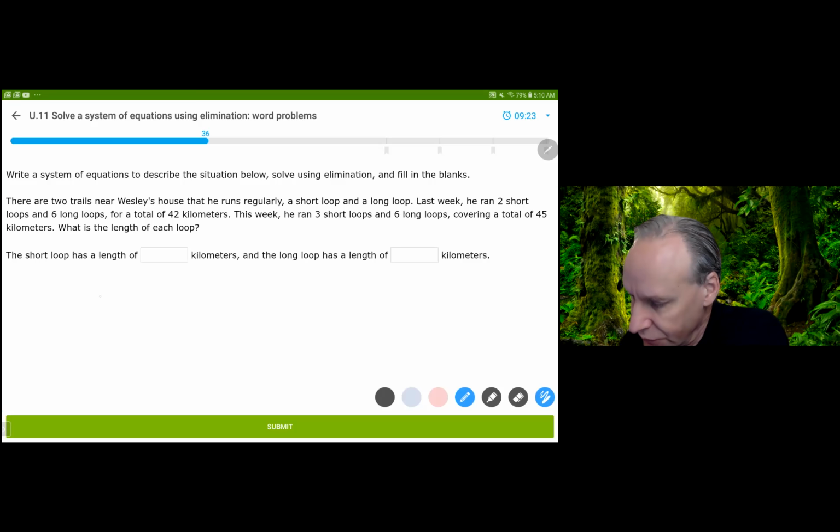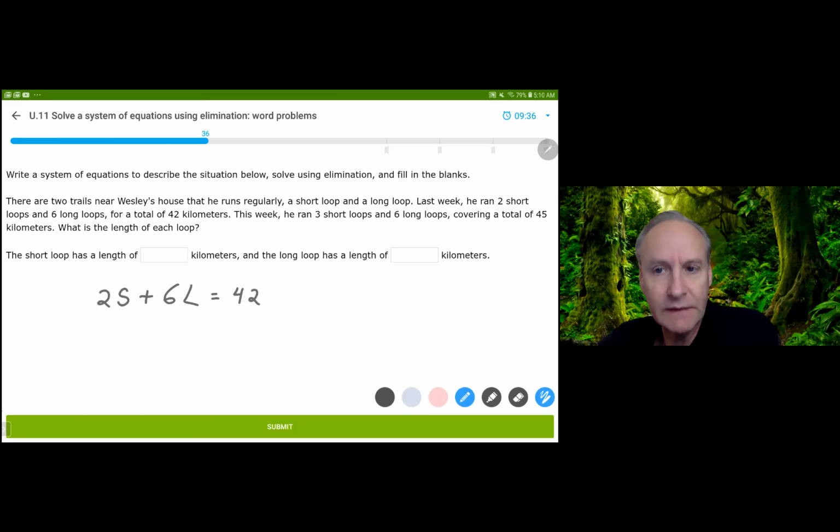So I have 2 short loops and 6 long loops, and I know that that's an S and not a 5, for a total of 42 kilometers.